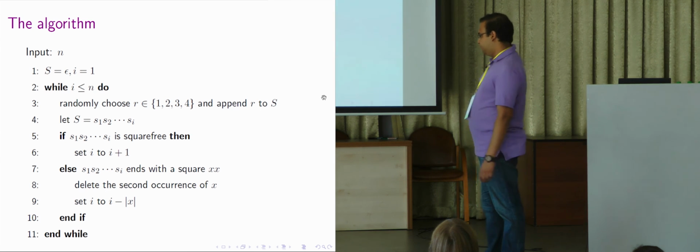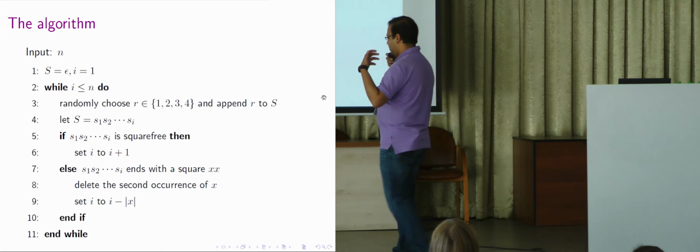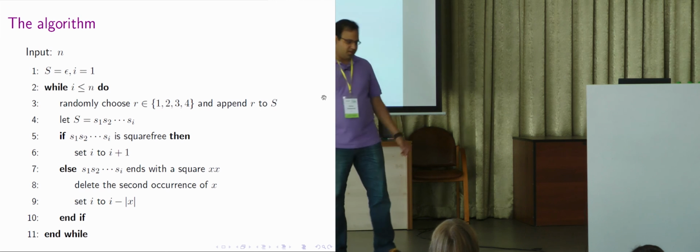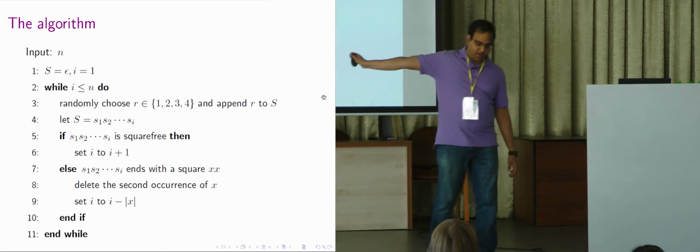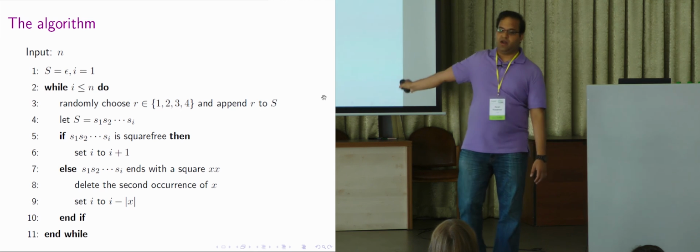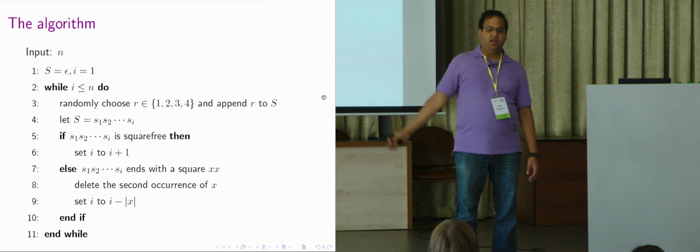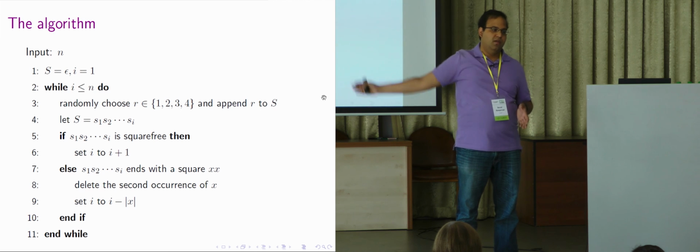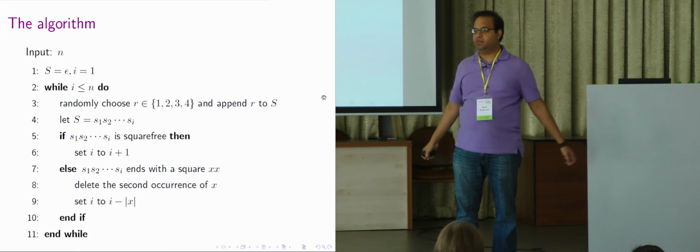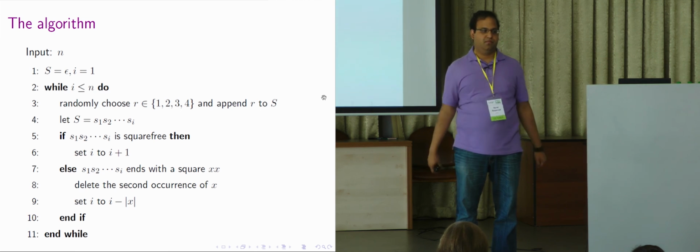And so essentially the proof says that if we run this randomized backtracking algorithm for long enough, we will produce a square-free word of length n.